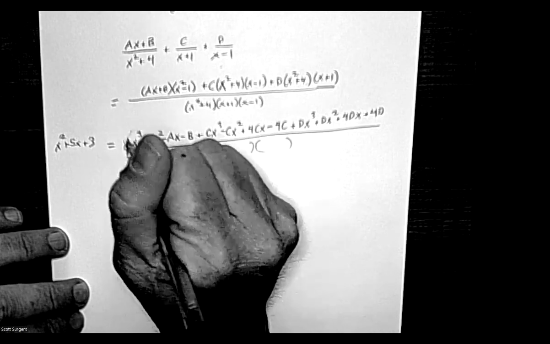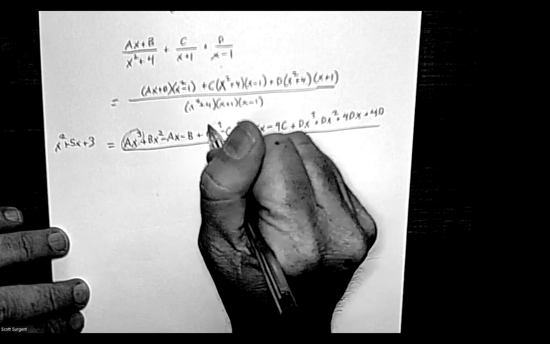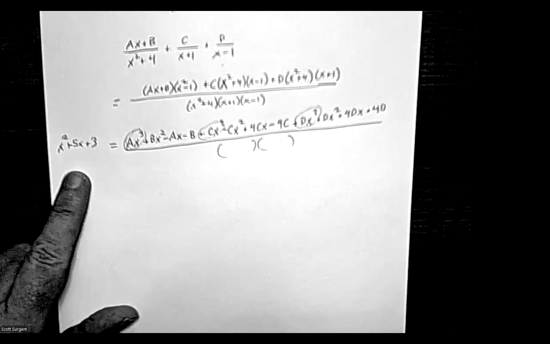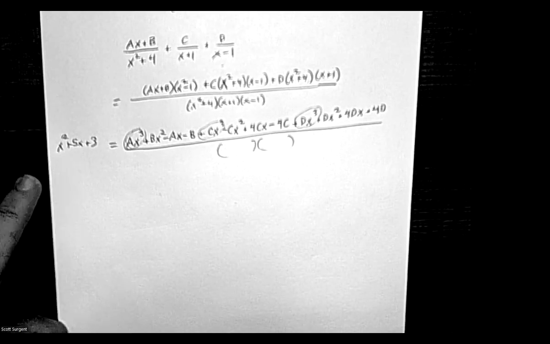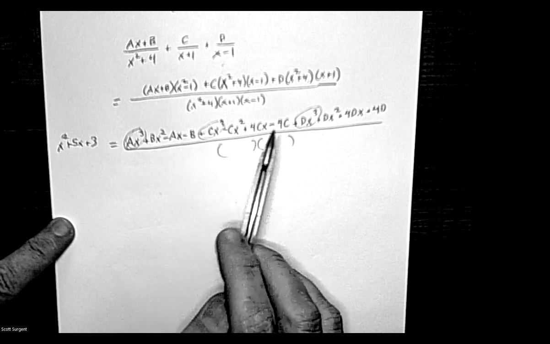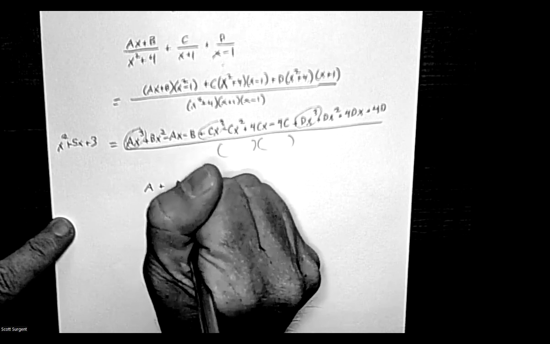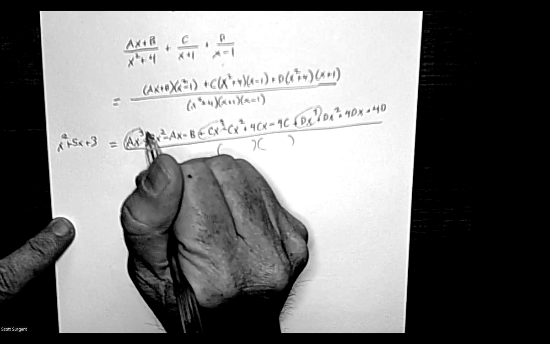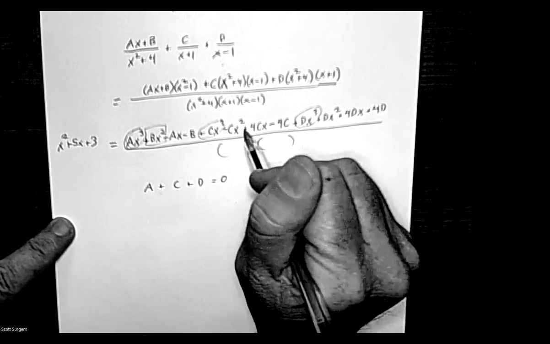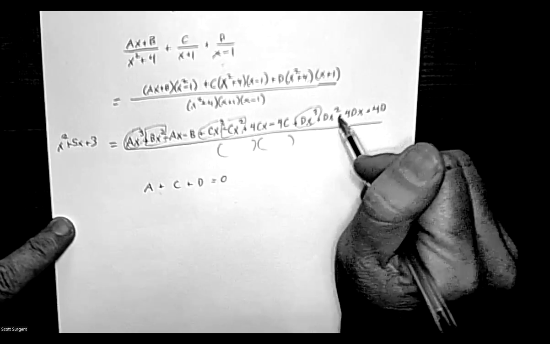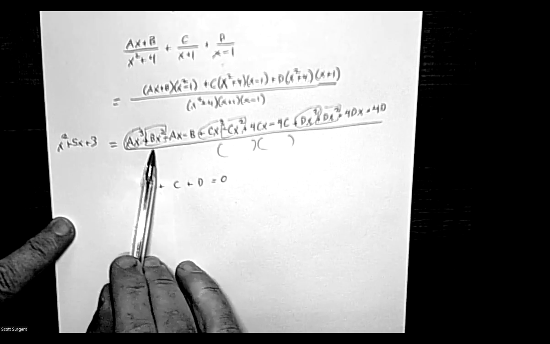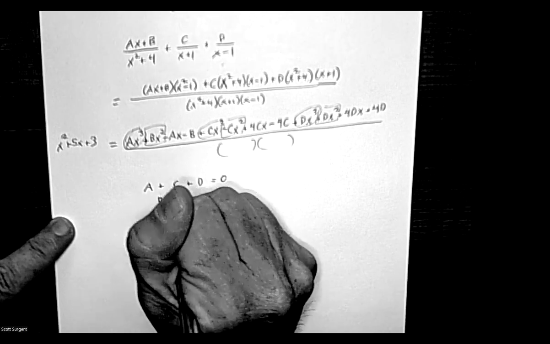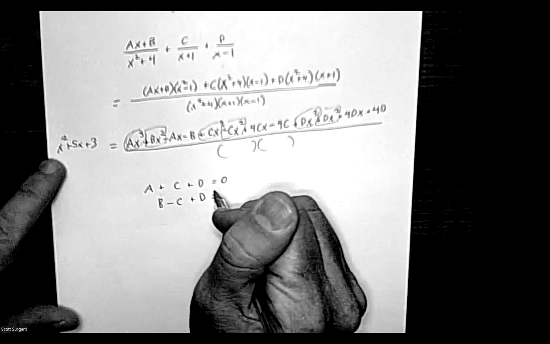I'm going to circle all my cubes. Now I don't have any cubes on the left side, so that tells me that A, C, and D have to make 0. Now I'm going to look at my squares. B, negative C, and D has to make 1.